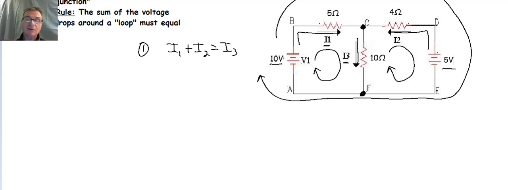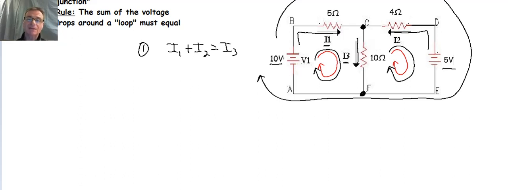The other thing that we have to do is decide which way to go in this loop. So again, I have the loop. I'm going to change the color to red here. When I analyze my loops, I have to analyze them in a certain direction. I always choose clockwise, and the only reason I do that is for consistency.